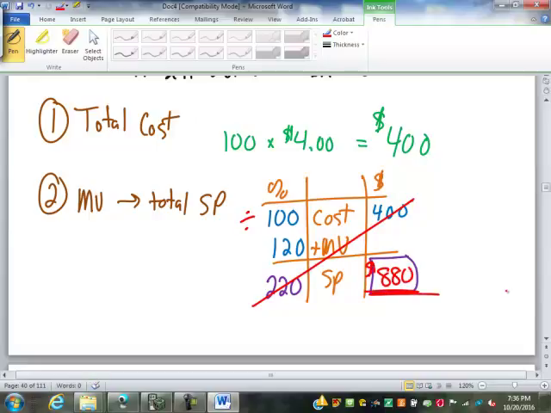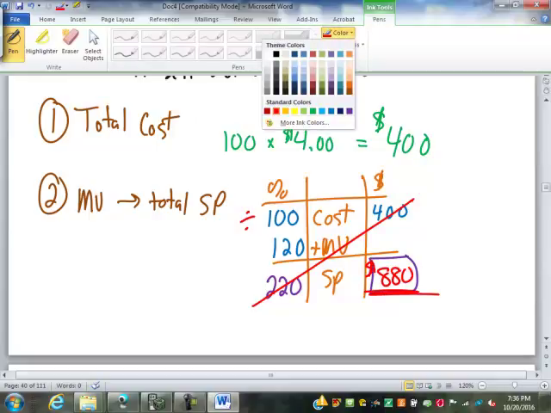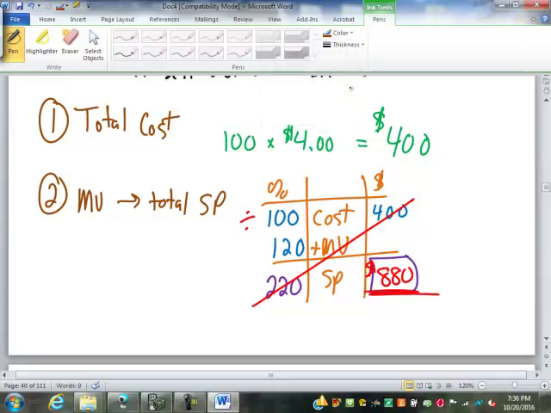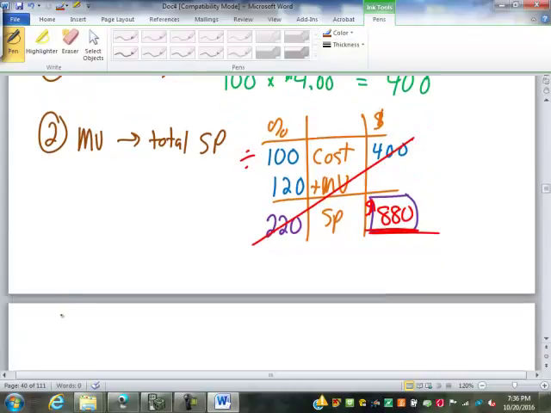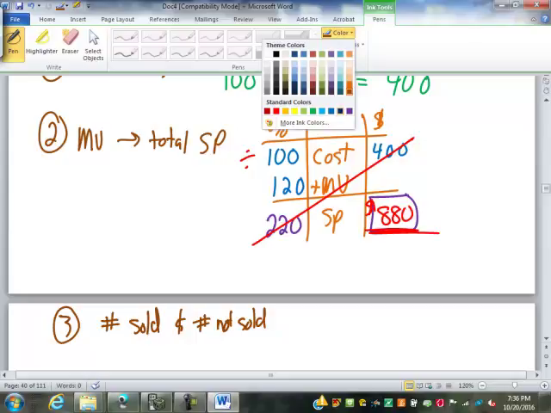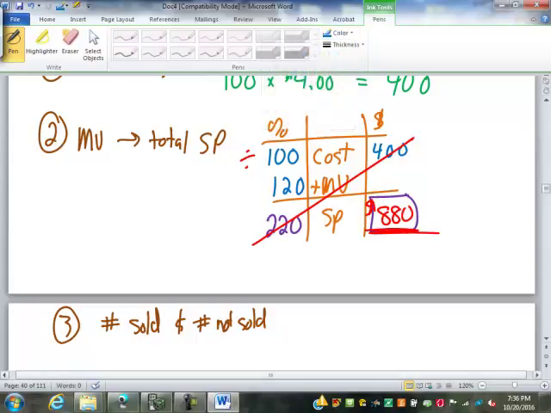How are we doing so far? Step 3 is mostly the same. Remember, step 3 was to find the number sold. We're going to add to it number not sold as well. So we had how many shirts? 100.